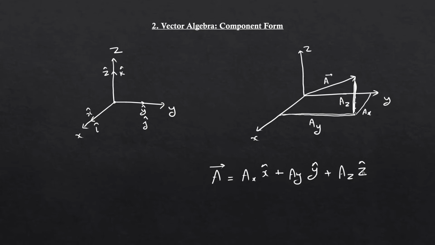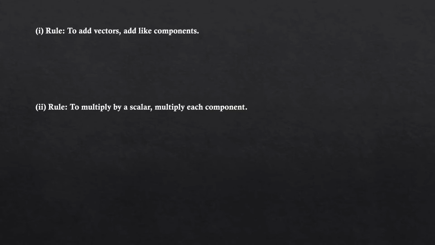Okay, so this form is very helpful, as we'll see in the upcoming examples. Associated with this form, we have several rules. Rule number 1 is to add vectors, add like components.